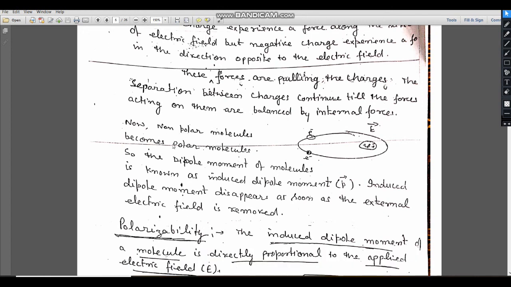Now the non-polar molecule becomes polar. This dipole moment is known as the induced dipole moment, also called the additional dipole moment. When we remove the electric field, the induced dipole moment disappears again.